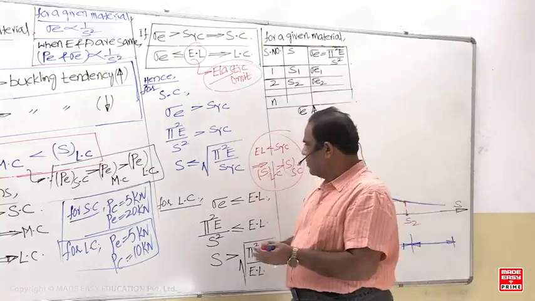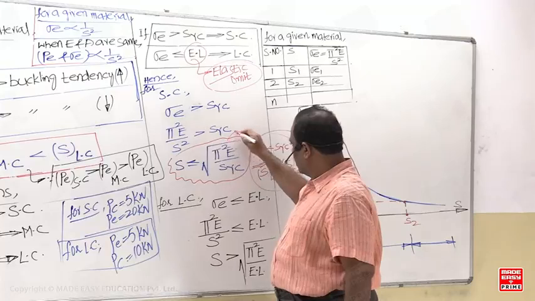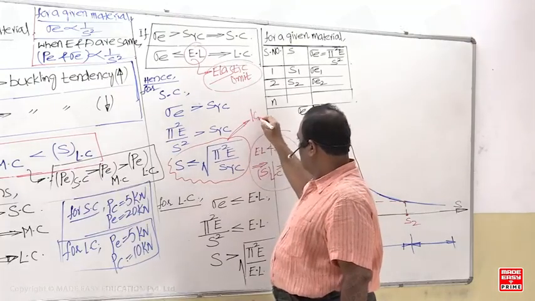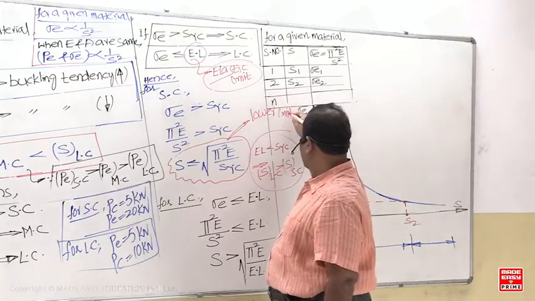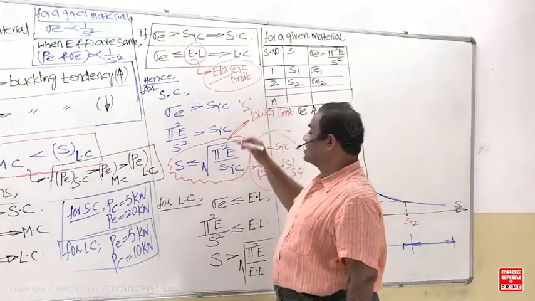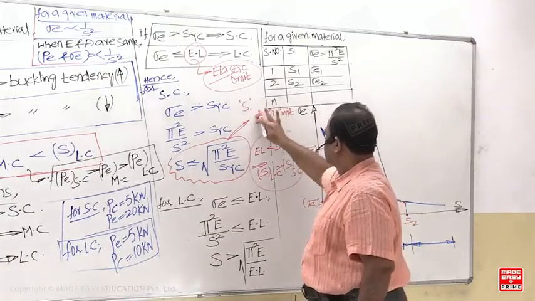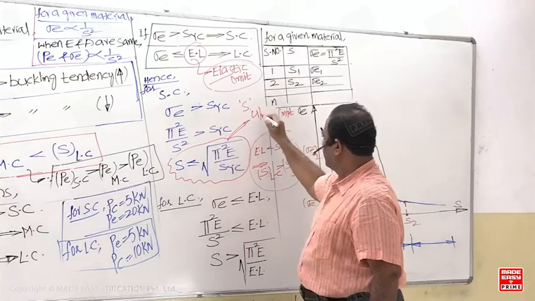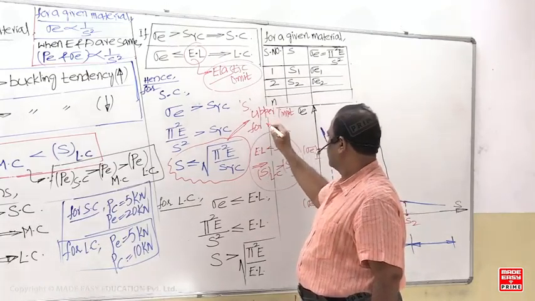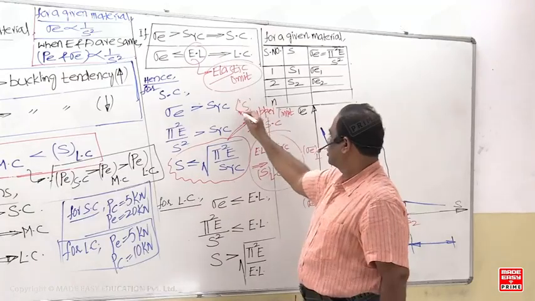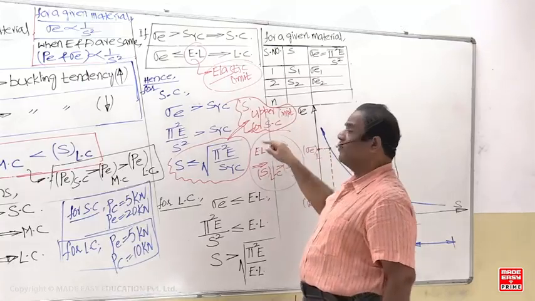This will give the slenderness ratio upper limit for short columns.